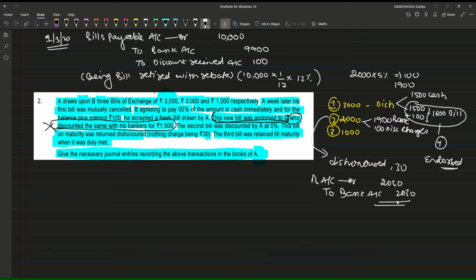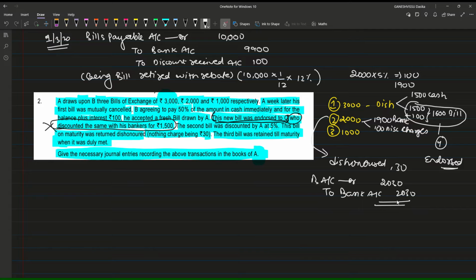Why? Because noting charges are payable to the bank, but from whom do we need to collect? We need to collect from B, because this dishonor has been made due to the debtor, right? Due to B only the second bill has been dishonored. If there is no dishonor, then A would have taken it freely and enjoyed that money.